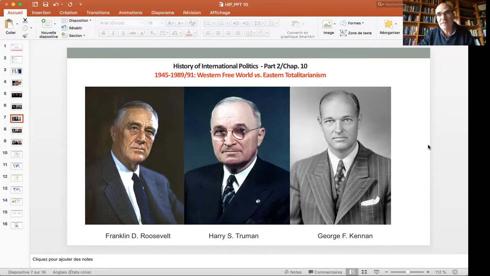And according to Truman, in this doctrine, it must be the policy of the US to support free peoples who are resisting attempted subjugation by minorities, by the Soviets and their communist allies. "I believe that we must assist free peoples to work out their own destinies in their own way. The free peoples of the world look to us, to Americans, for support in maintaining their freedom."